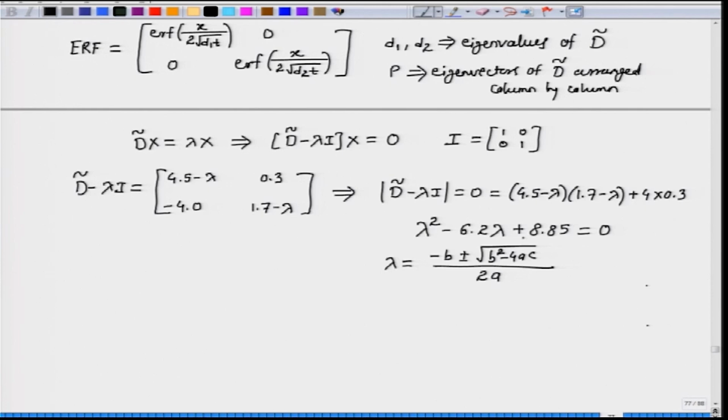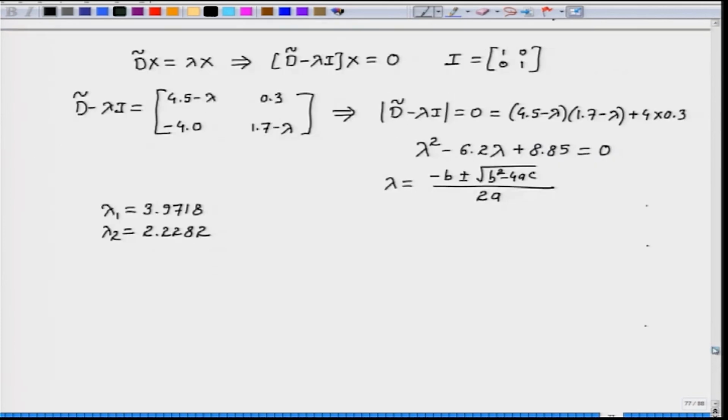If we substitute, we will get 2 roots: lambda 1 equal to 3.9718 and lambda 2 equal to 2.2282. So, these are the two eigenvalues. In our terminology, these are D1 and D2. So, lambda 1 is D1, lambda 2 is D2.